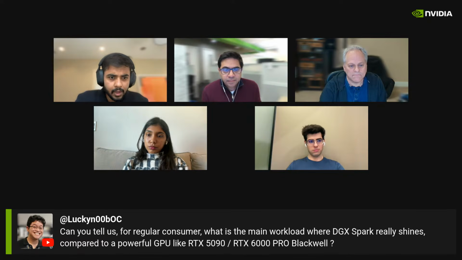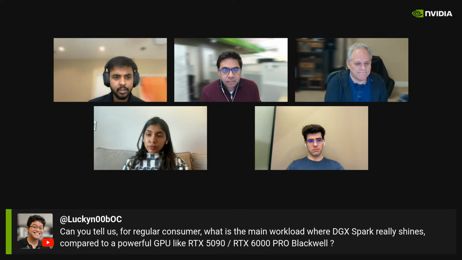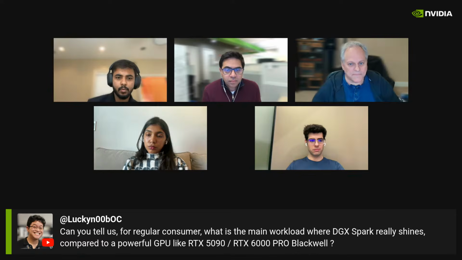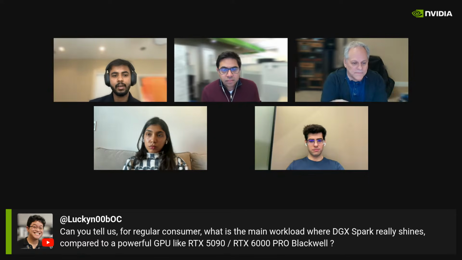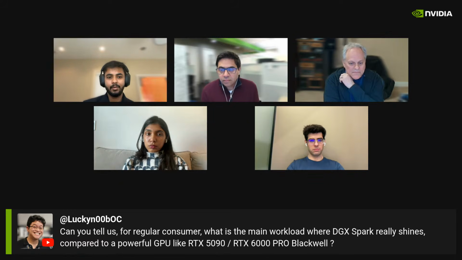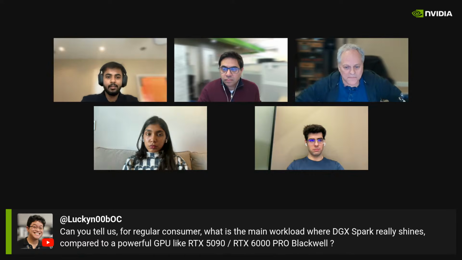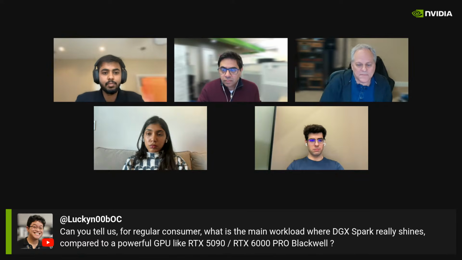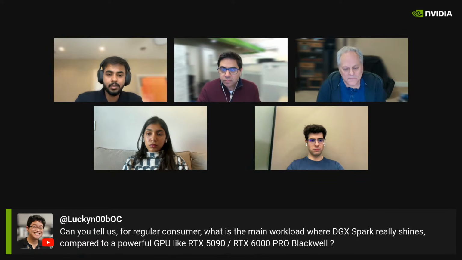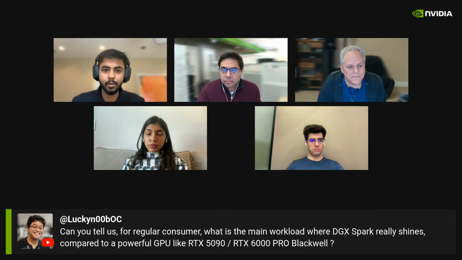I guess along the same line, there was a similar question for a regular consumer. What is the main workload where DGX Spark really shines compared to a powerful GPU like RTX 5090 or 6000 Pro? So again, all of these GPUs, be it DGX Spark, 5090, Pro 6000, all of them run on the same CUDA stack, right? So it really depends on what workload you're running and what VRAM is needed for that workload.